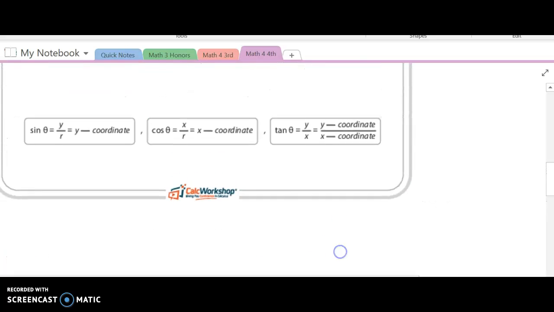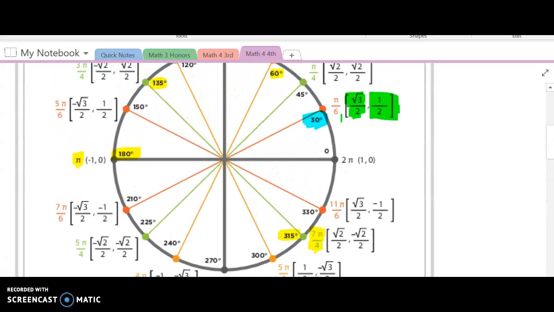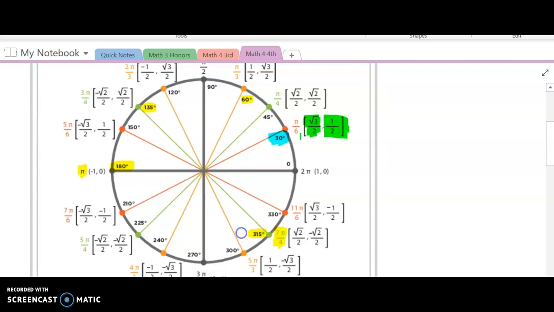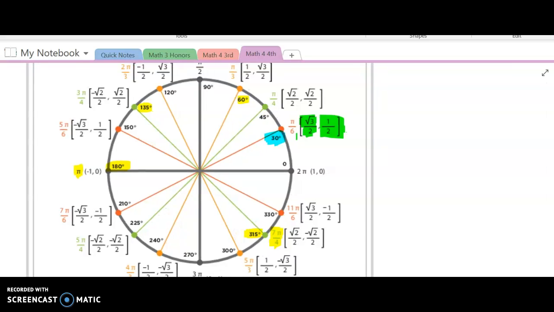So if we have a negative number as our where, there's one of two ways to do this, but I like this way. We're going to go to the positive version first.